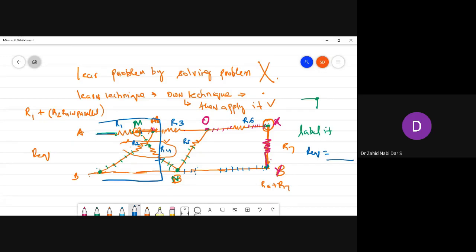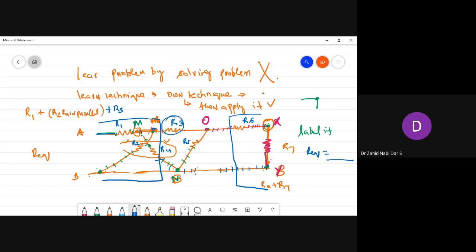Now this I have calculated. I'm left with only R3 and R5, so I have to see how R3 and R5 are connected. R3, I saw one end was connected to M, so that means R3 was in series with this combination. So R3 is also gone.